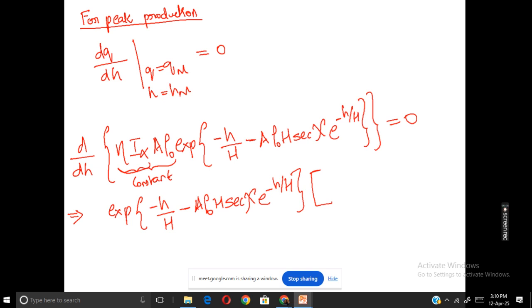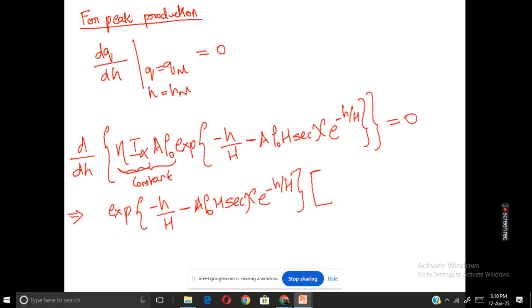So for that we are doing the derivative with respect to h for the given equation. So d by dh of eta I infinity a rho 0 exponential of minus h by H minus a rho 0 H sec chi e raised to minus h by H.